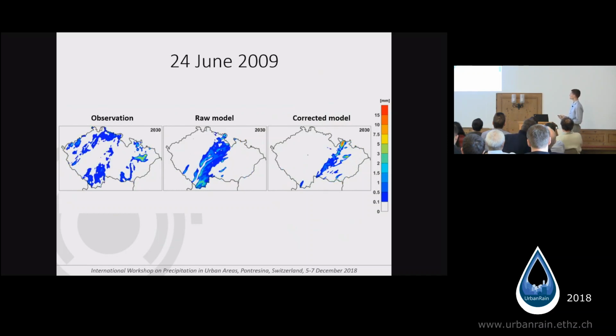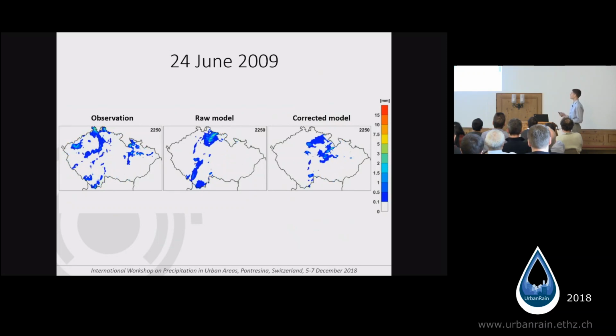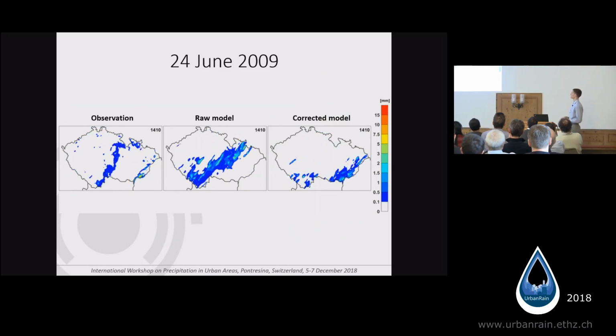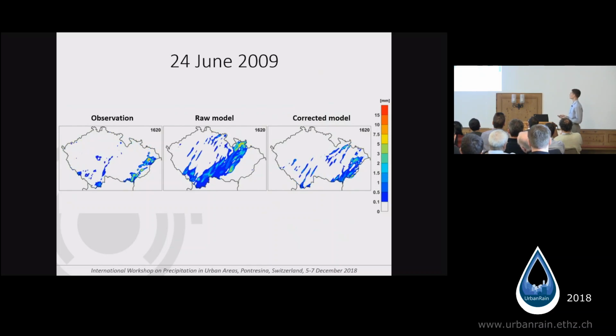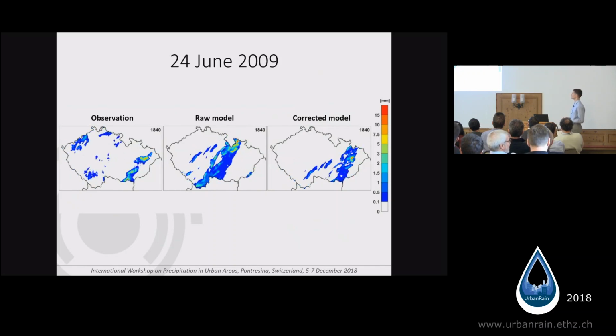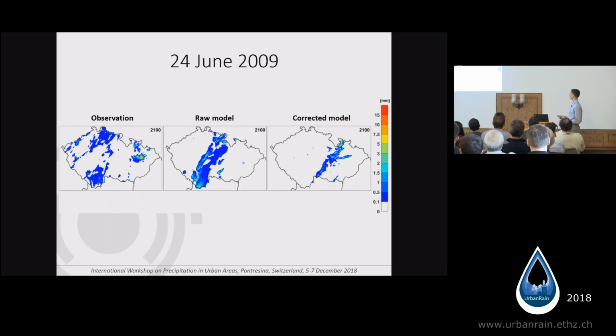The model forecasted this event more west compared to the observation, but what is important is that this forecast was well captured from a temporal point of view. So this is important for the correction procedure that can utilize and transform this information closer to the observation.